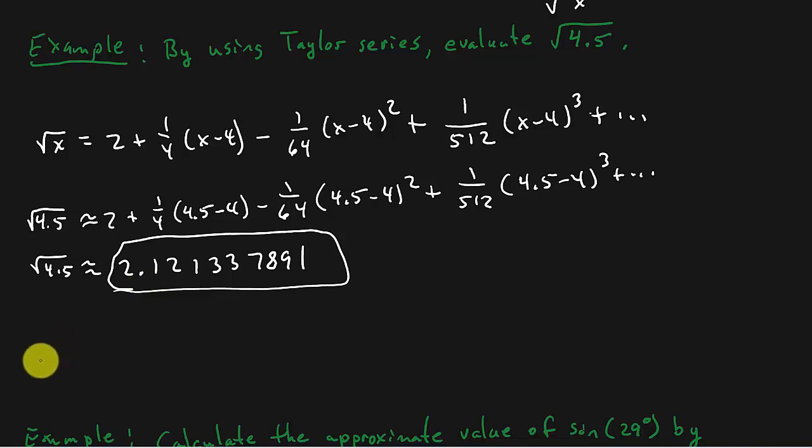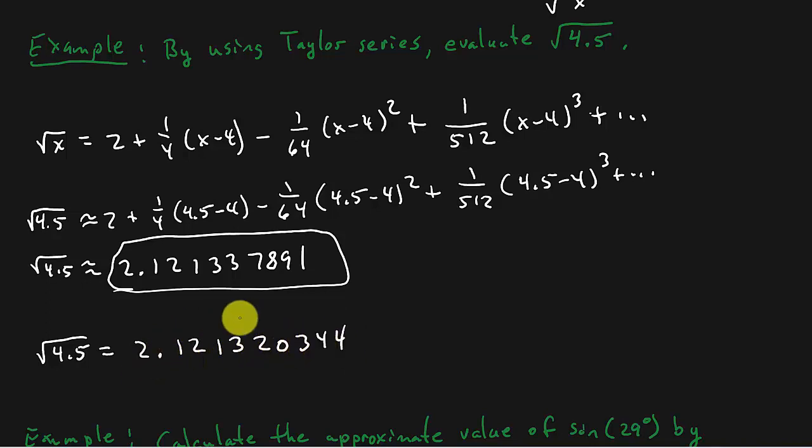Now, if we plug the square root of 4.5 into a calculator, let's see what we get. Square root 4.5. And the calculator gives us 2.121320344.